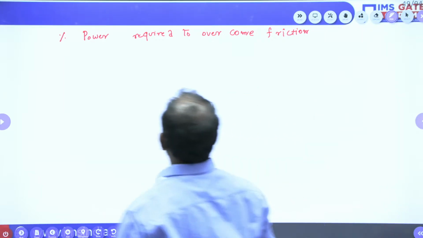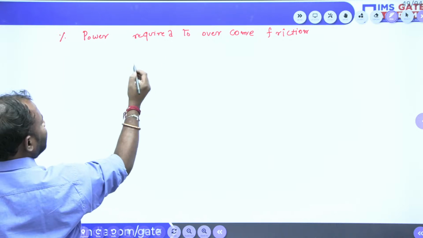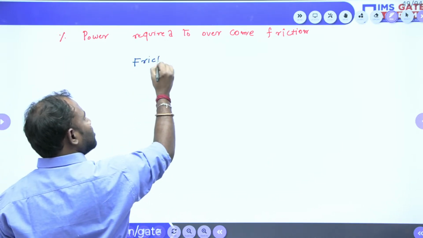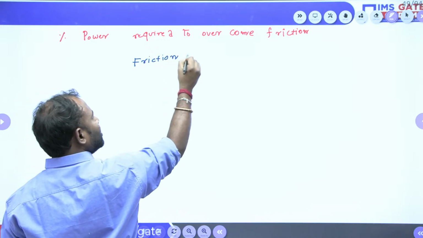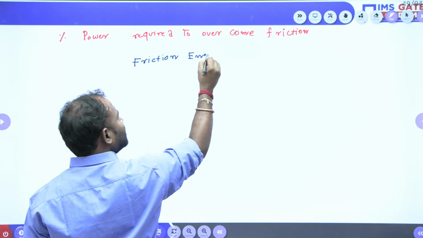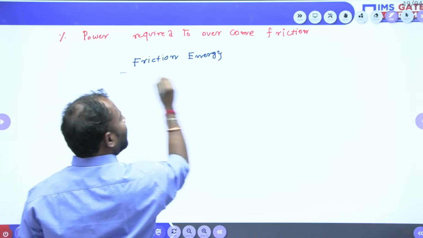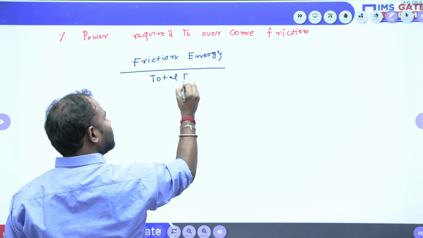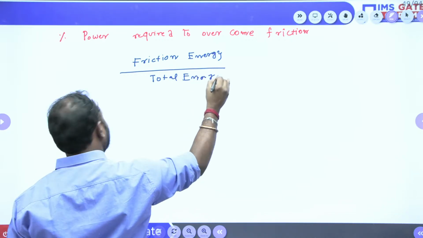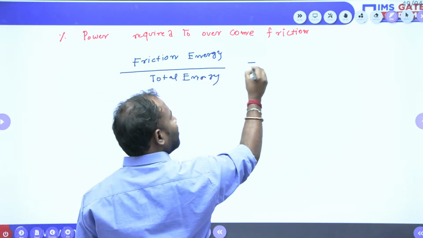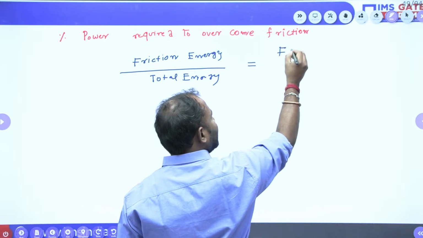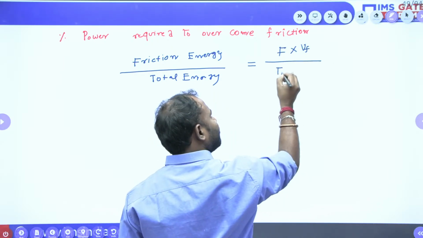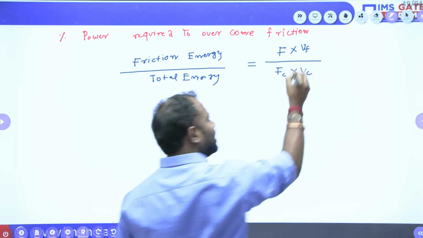So the friction energy required for overcoming the friction is divided by the total energy. How do we calculate friction energy? Friction force into chip flow velocity, divided by cutting force into cutting velocity, which is the total power.